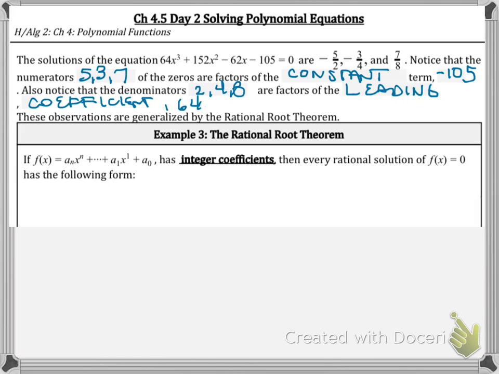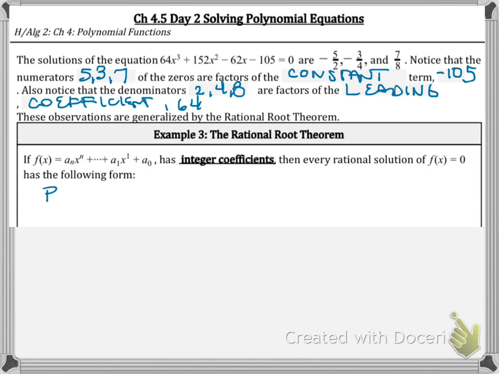So if you have f of x equals a sub n x to the n plus ... a sub 1 x to the first plus a sub naught, it has integer coefficients. Now, integer coefficients are whole numbers, but they also include negative numbers as well as the 0. So it says that every rational solution of f of x equals 0 has the following form.